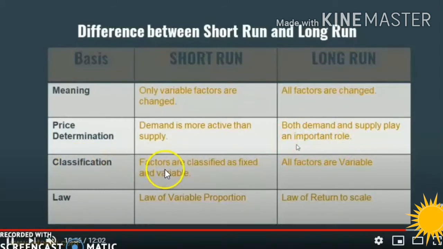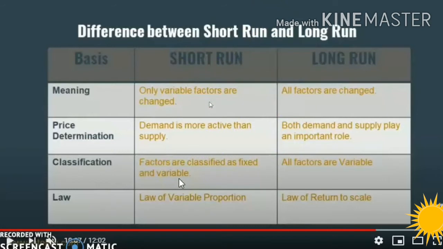Classification: factors are classified as fixed and variable in the short run, and in the long run all factors are variable. In the long run we can change all the factors, while in the short run we can change only the variable factors, because it is running in the short run.